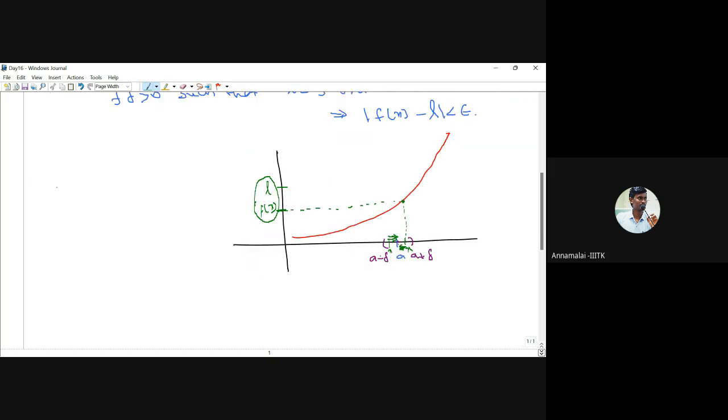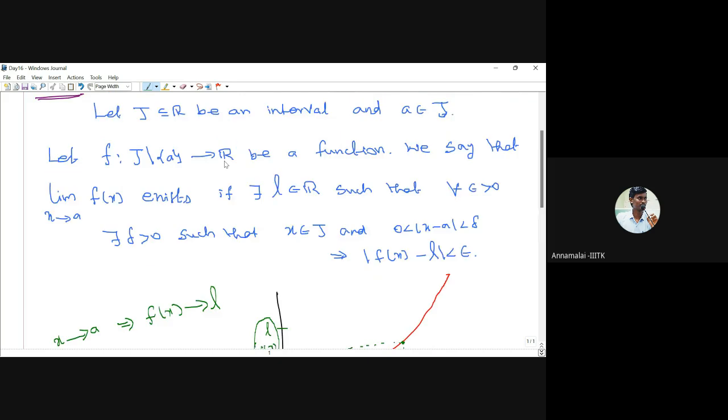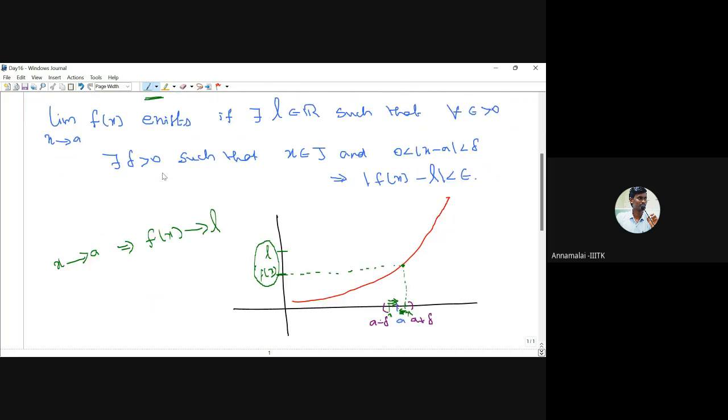So when we say the limit exists at x equal to a, whenever x approaches a, f(x) approaches the point L. This L need not be f(a), because f is not defined at a. In the domain we remove a, so f(a) is not defined. Even if the function is defined at a, this L need not be f(a).